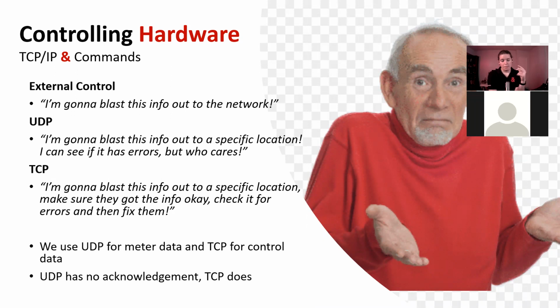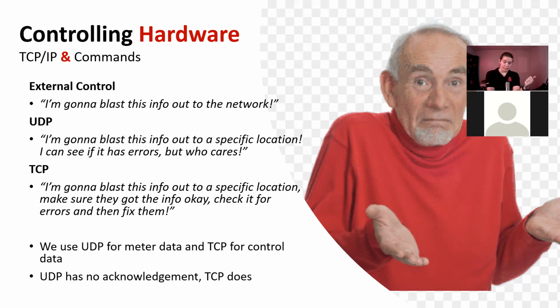Within AHM, we actually have lots of different kinds of external control. We have external control. We also have something called UDP, which is similar to TCP. And then we have TCP, which has been the topic of what I've been discussing so far. If we're talking about external control, where I can type in the hexadecimal command, it's just saying, I'm going to blast this information out onto the network. It's indiscriminate, like I'm just yelling it out.